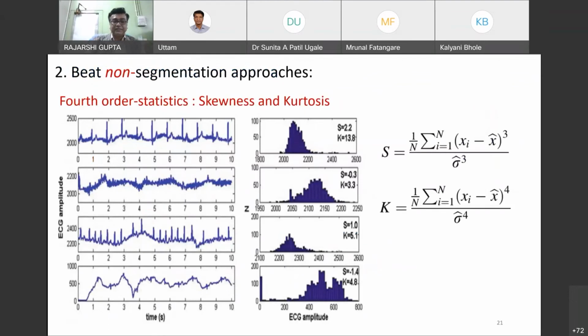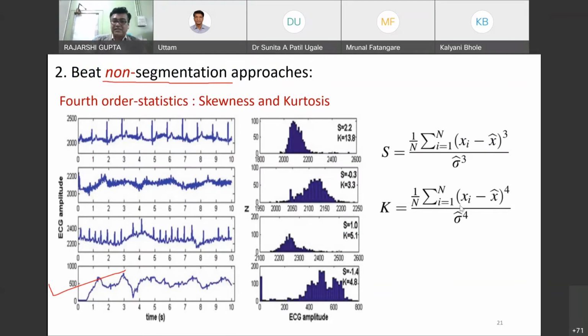And then you calculate the correlation coefficient. Then we come to the other approach, which is called the non-segmentation approach, where due to the noise corruption, it is very difficult to delineate the beat. If you consider the lowermost signal over here, it is almost impossible to calculate the individual beats.